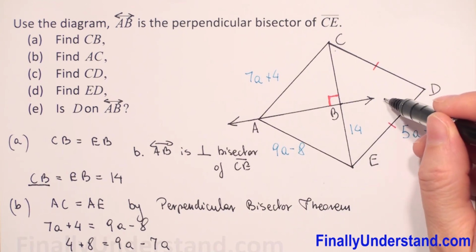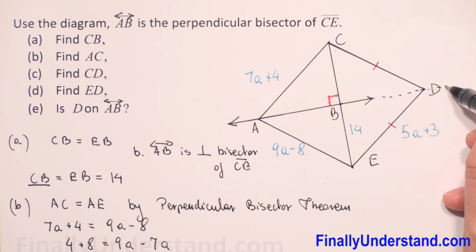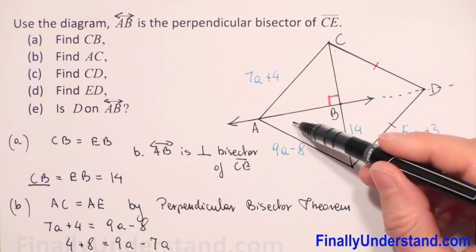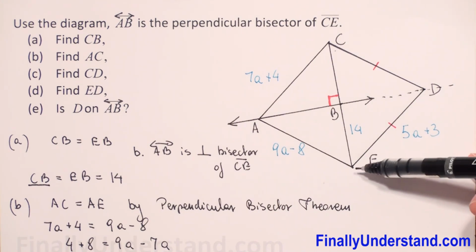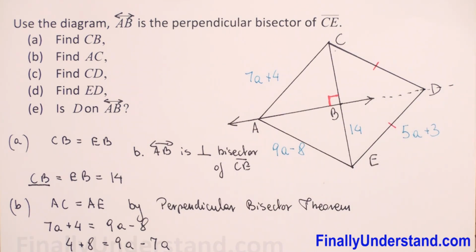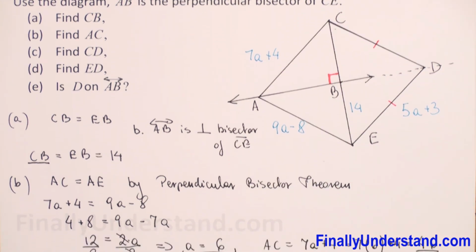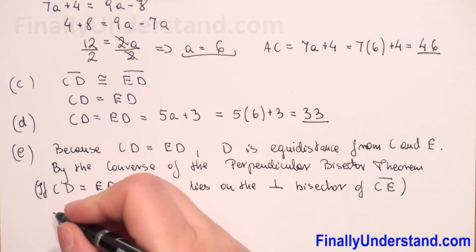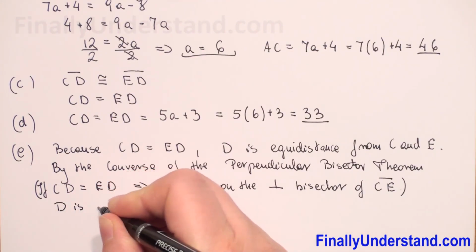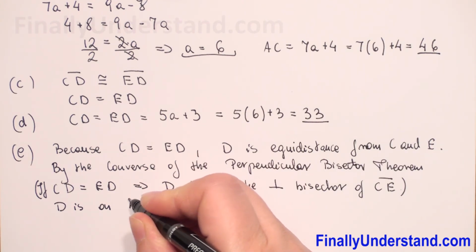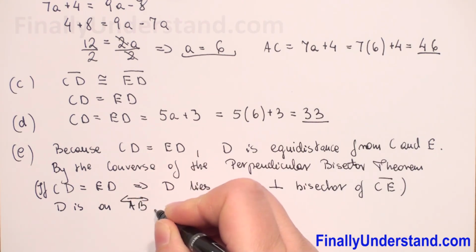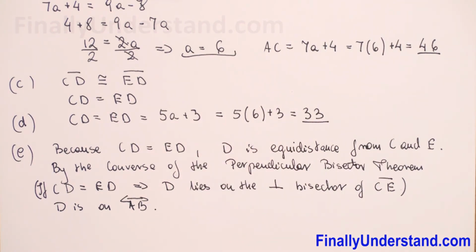So if we extend this line AB, D is on this line because CD is equal to ED. So this we have from converse of perpendicular bisector theorem. D is on AB line. This is my solution.